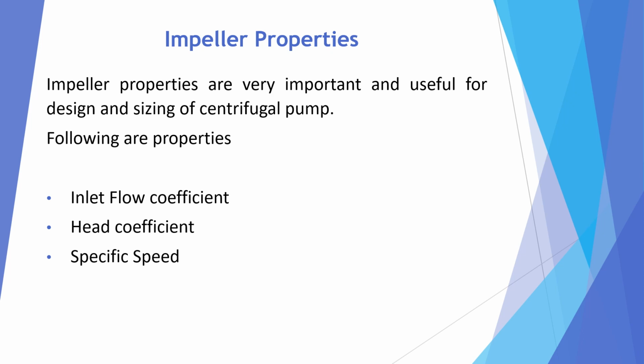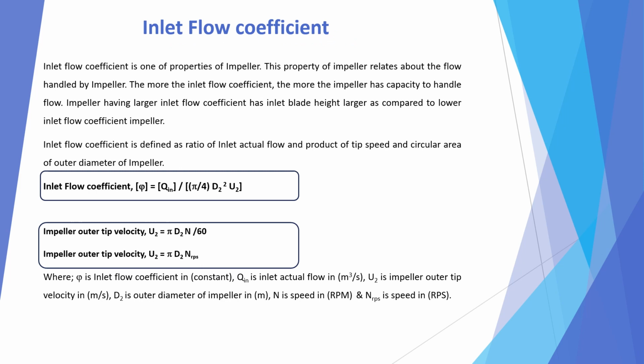Impeller properties are very important and useful topics for design and sizing of centrifugal pump, and these properties are inlet flow coefficient, head coefficient, and specific speed. This is the first, that is inlet flow coefficient.